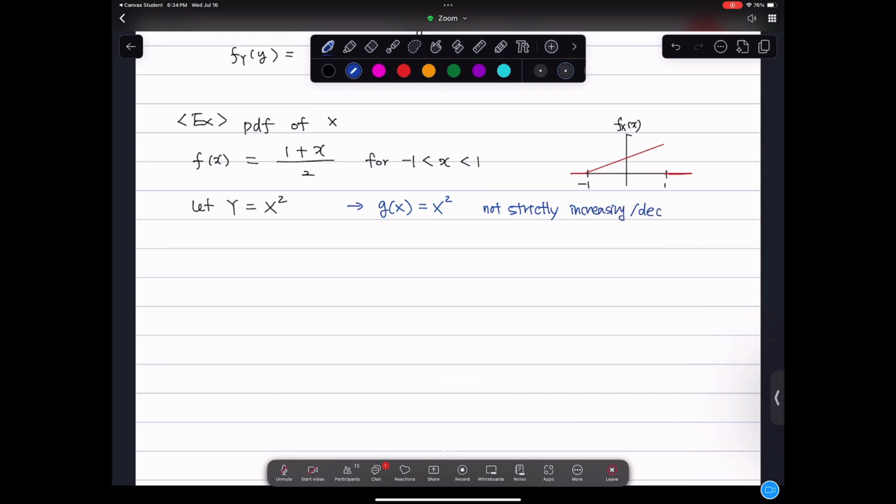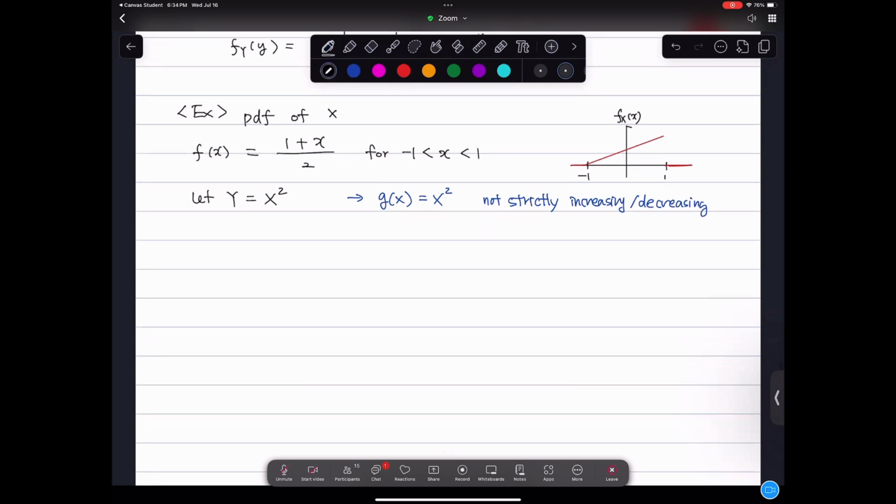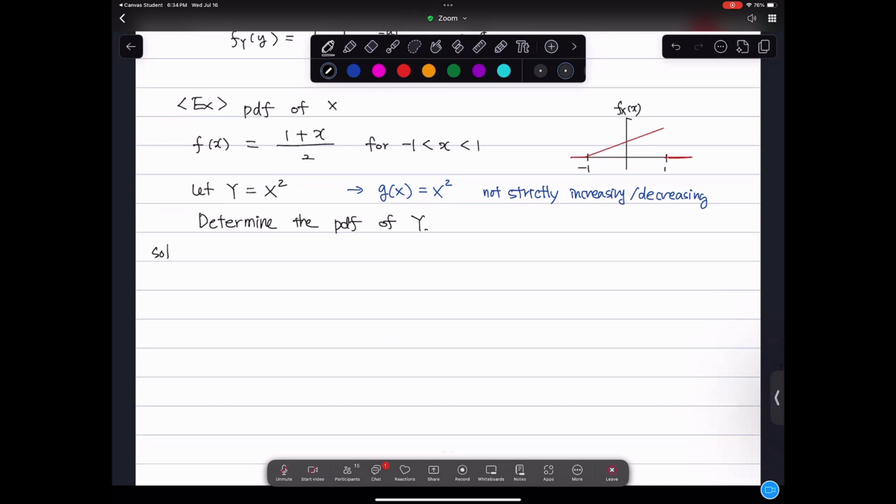So I want to go through this process and determine the PDF of y. I feel it's a lot easier to go through the whole process. Remember again, x values are from -1 to +1.